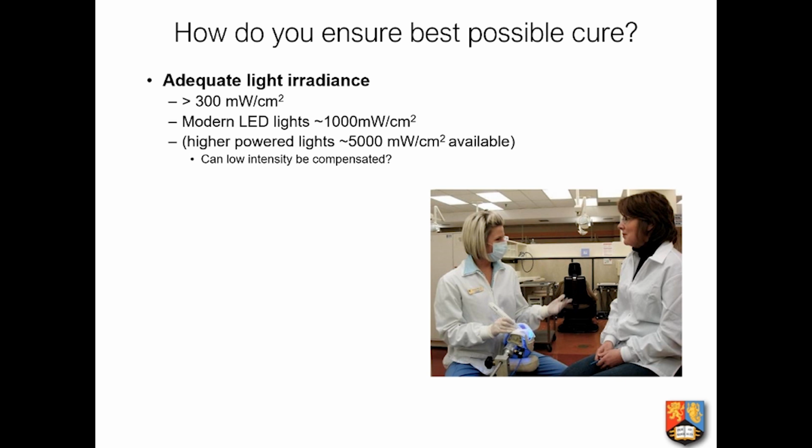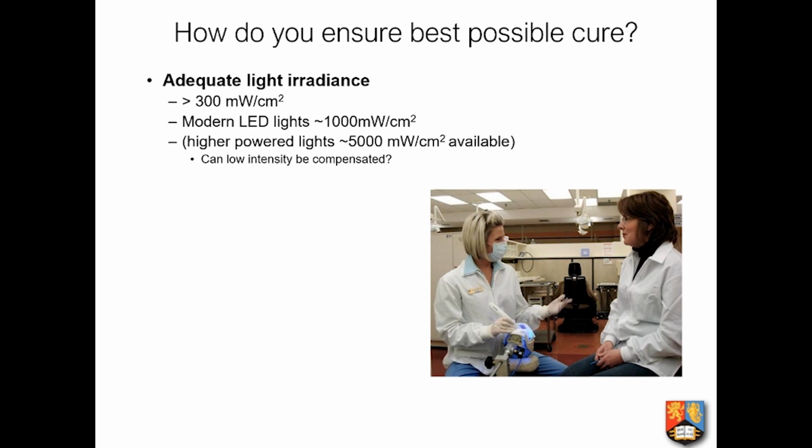It is actually quite difficult to know the output of your light unless you have appropriate devices to do so. There are some units that have a small detector on the side which will give you a relative measurement over time to see if it's decreasing.